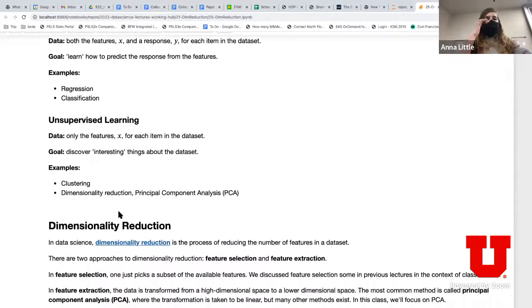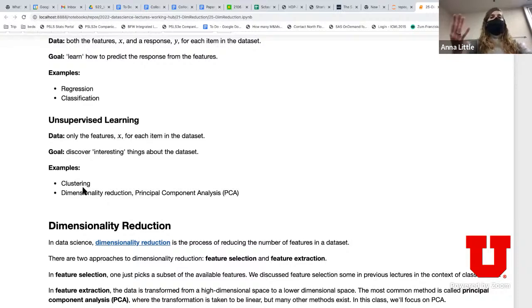And so one thing that we talked about in the unsupervised context was clustering, right? Can we at least find natural groups in the data without access to any labels? And another area of unsupervised learning is dimension reduction, which we will talk about today.